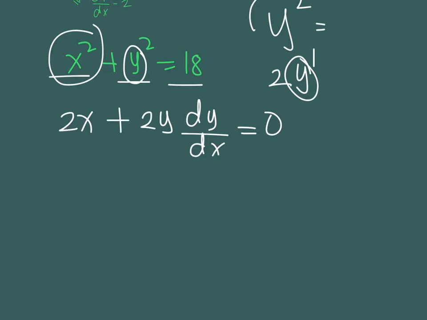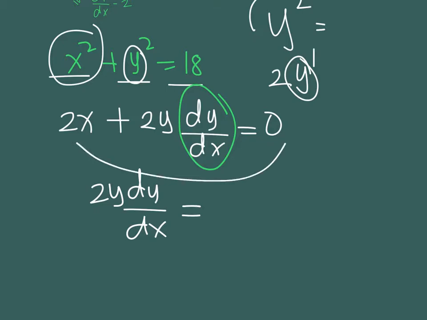After this, note that your goal is to get the derivative, so your goal is to get the dy over dx. You need to isolate dy over dx. So that means you have 2y dy over dx, and then the 2x will be transposed to the other side, that is basically 0 minus 2x or negative 2x.